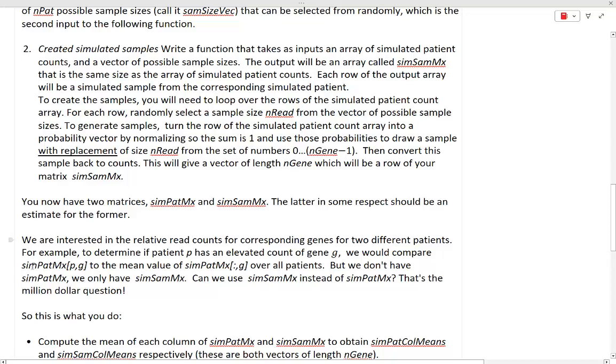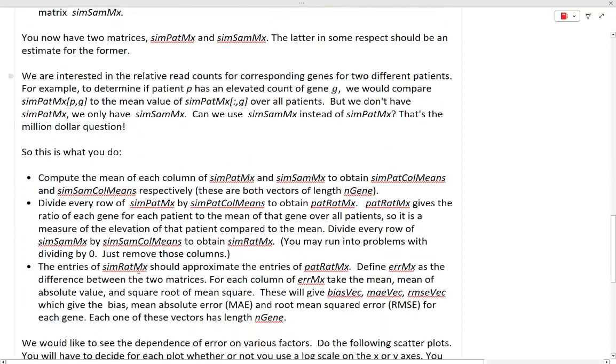Again, we would like to do that with SimPatMix, but our observations are SimSamMix. So can we use SimSamMix instead of SimPatMix to get this ratio?